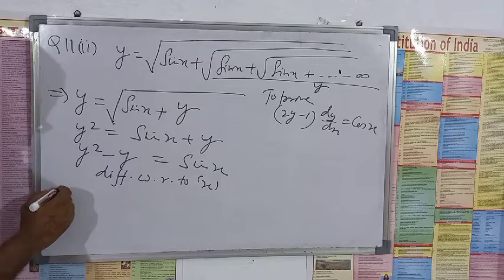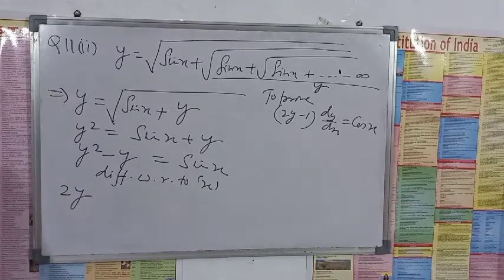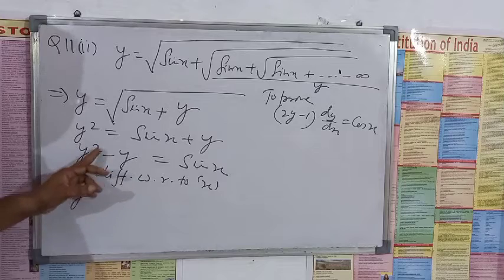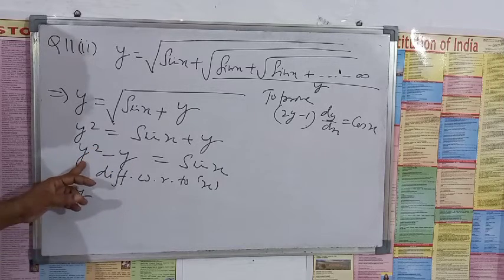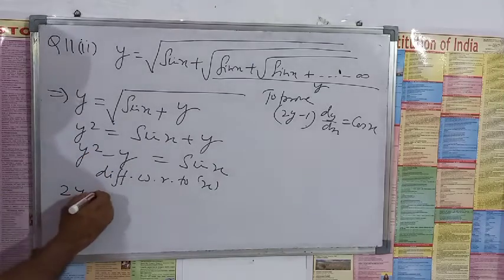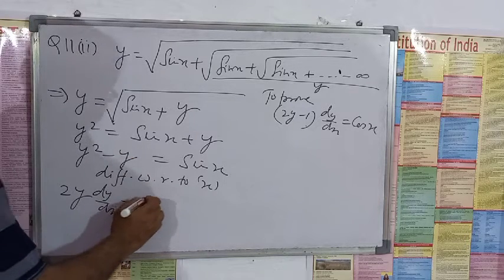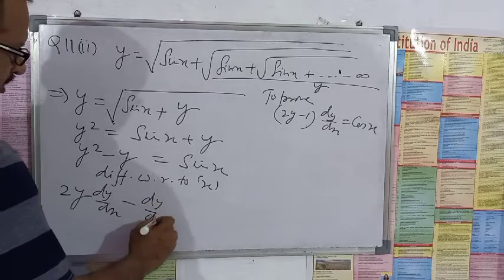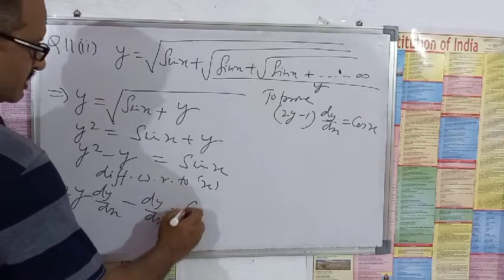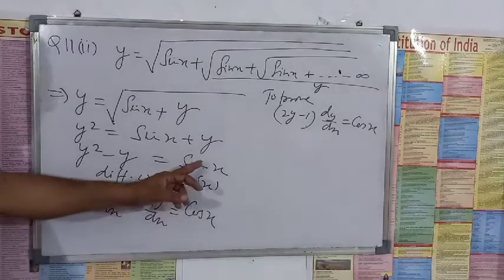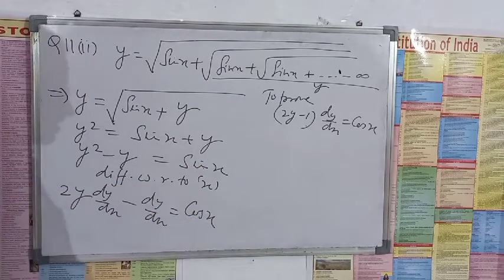What will be the derivative of y square? It will be 2y, and then differentiate y, so 2y into dy by dx. The derivative of sin x with respect to x is cos x.